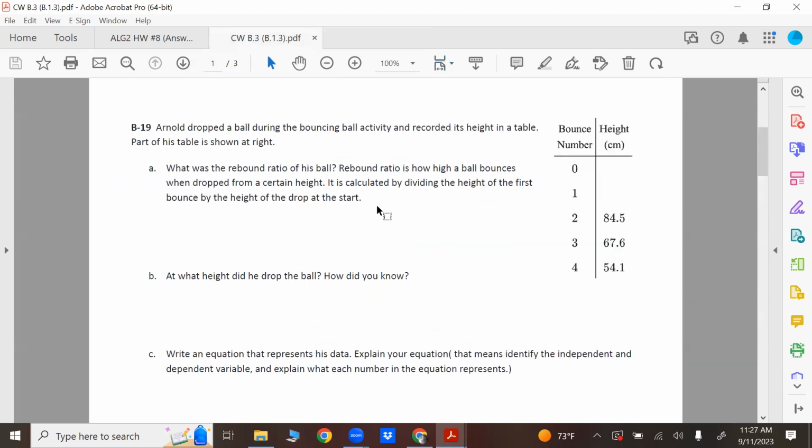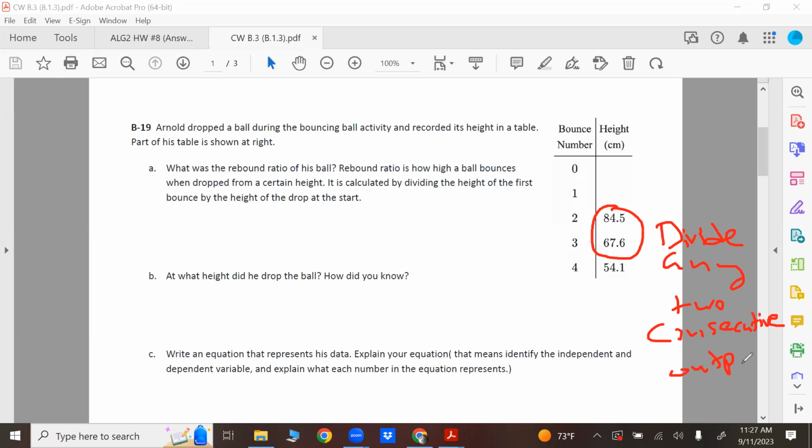So what was the rebound ratio of the ball? What you can do is divide any two consecutive outputs, but you always do the later one divided by the previous one.